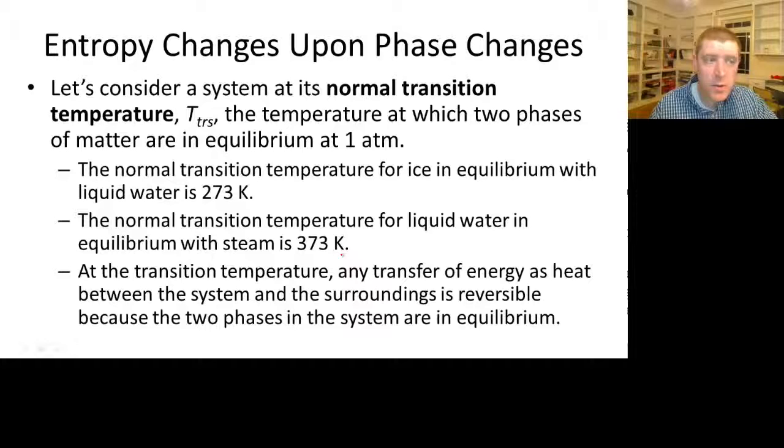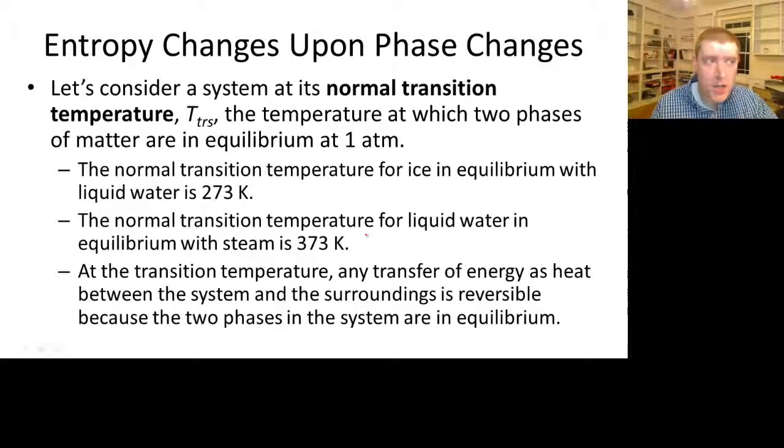And at the transition temperature, any transfer of energy as heat between the system and the surroundings is reversible because the two phases in the system are in equilibrium. So if we have, let's say, ice and liquid water in equilibrium at 273 K, if we have a transfer of energy as heat from the surroundings to the system, so we are absorbing energy into the system, the temperature isn't going to change.